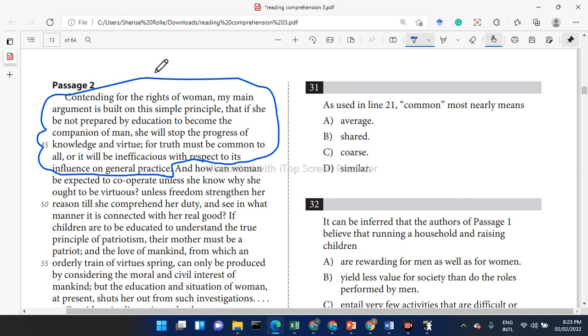She says she's contending for the rights of women. I mean, she's trying to say why women should be allowed to be in parliament and to do the men stuff.